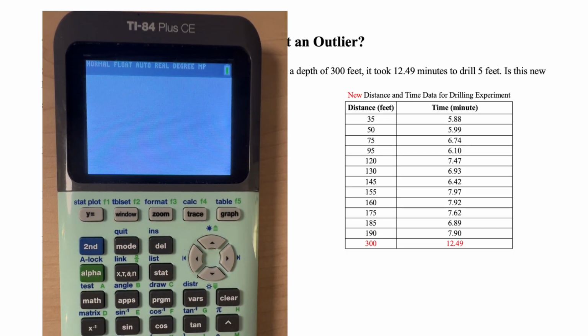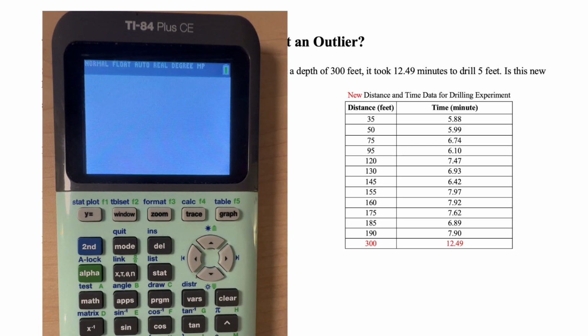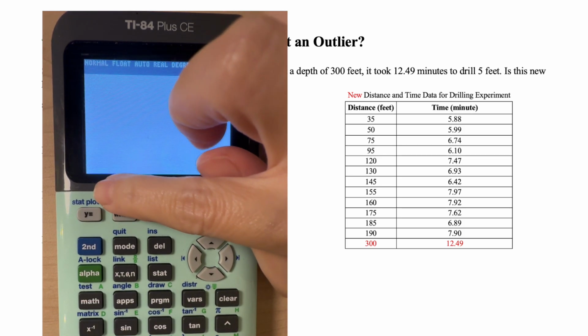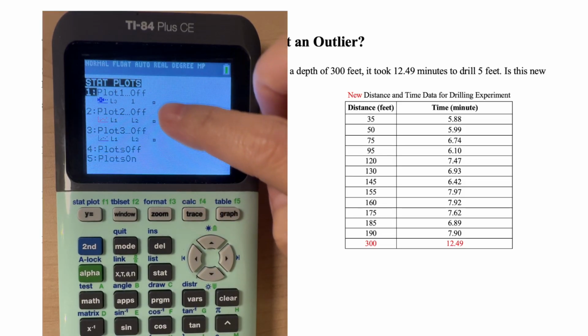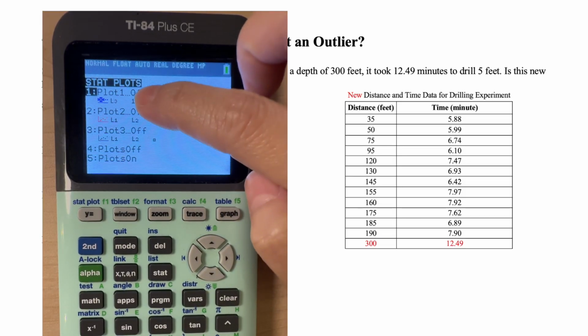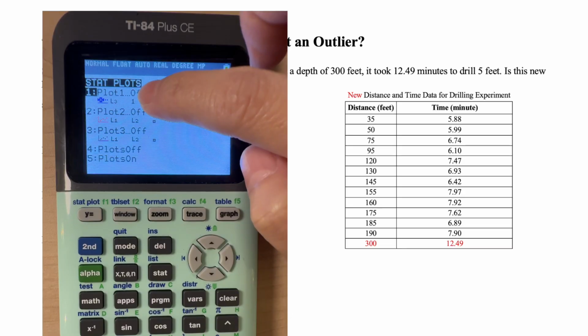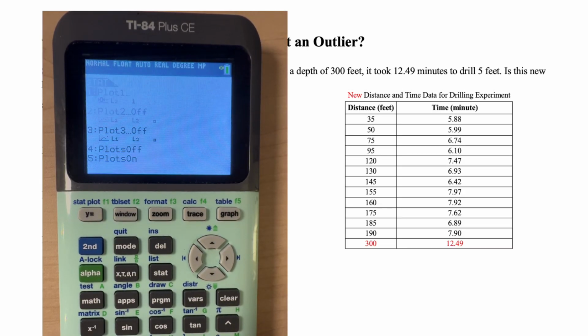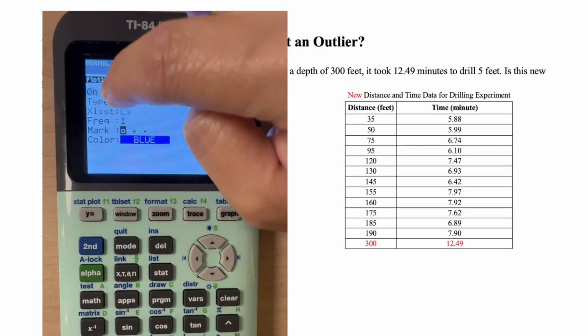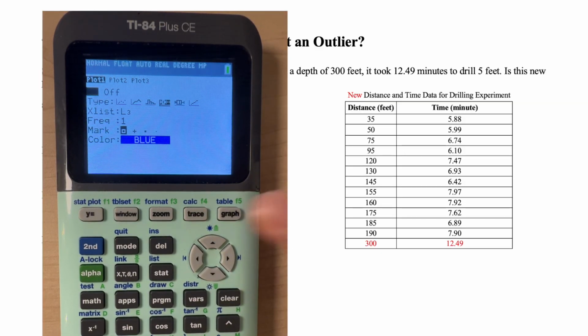Now, let's graph the scatter plot. Go to Stat Plot, press Second, Y equals, and choose one of these. I choose Plot 1, so make sure Plot 2 and 3 are off. I am going to turn this on. For the type, I'll choose the first one.